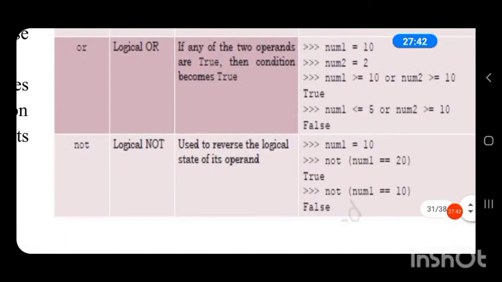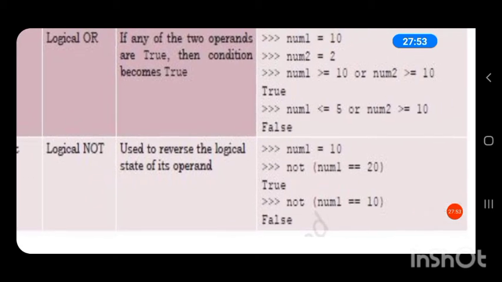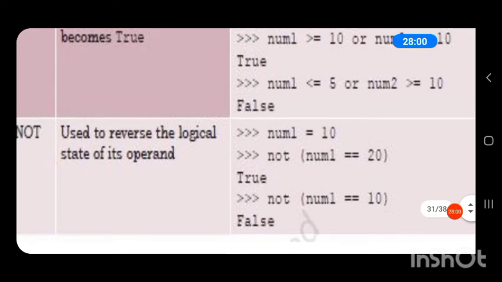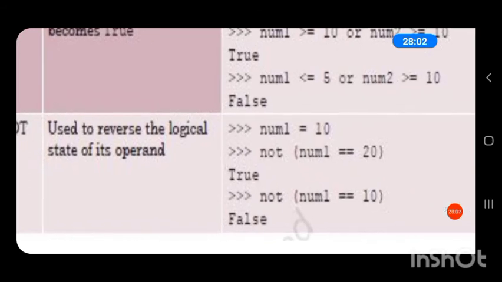Next is the NOT operator. Logical NOT is used to reverse the logical state of its operand. If the output is true, then it will reverse it to false. So let us see. Num1 is equal to 10.